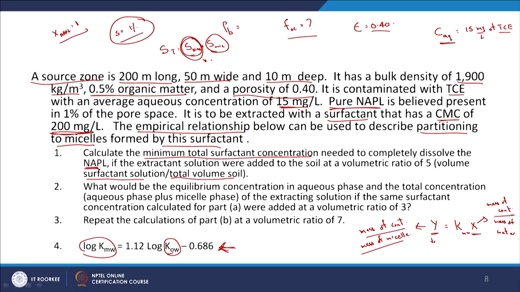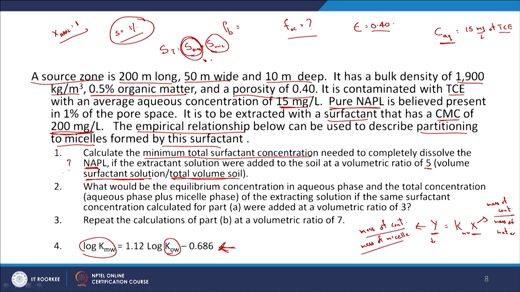As we keep adding surfactant, we are looking at the total equilibrium case, the holistic equilibrium case. So that is one aspect.